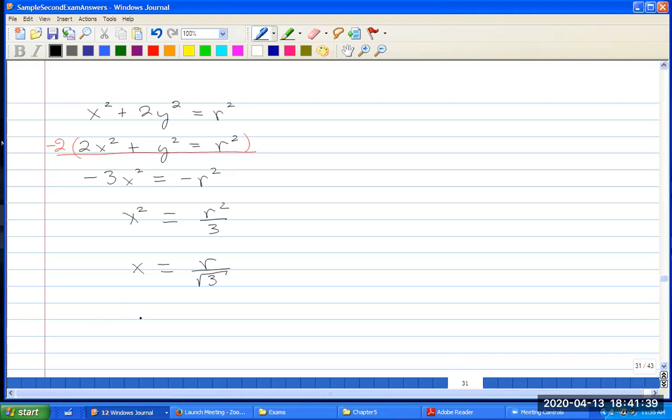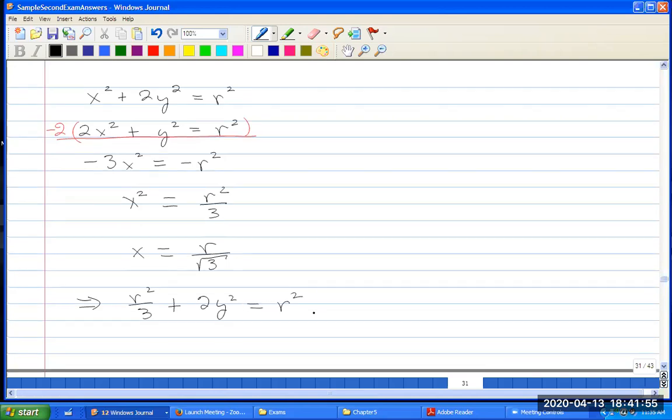But if x is r over root 3, then I have x squared, r squared over 3, plus 2y squared equals r squared.